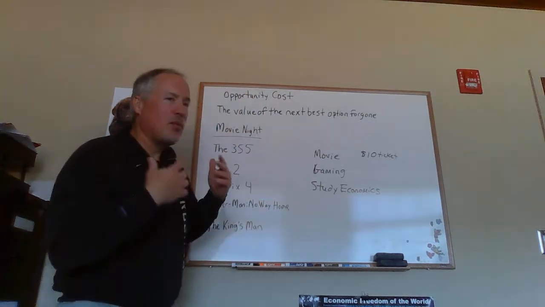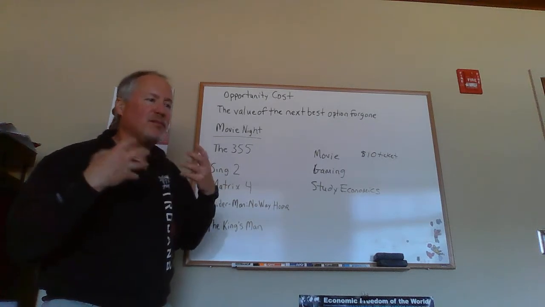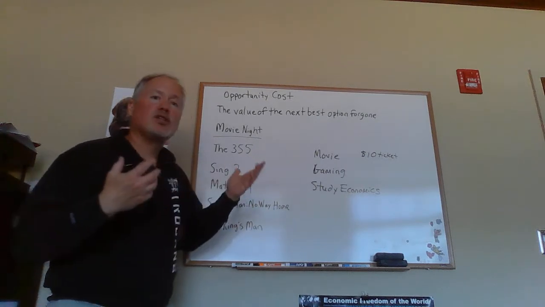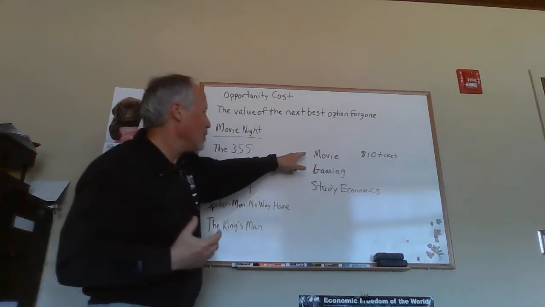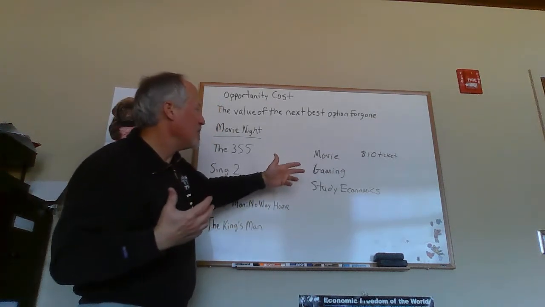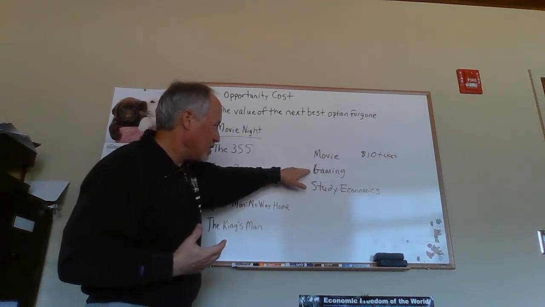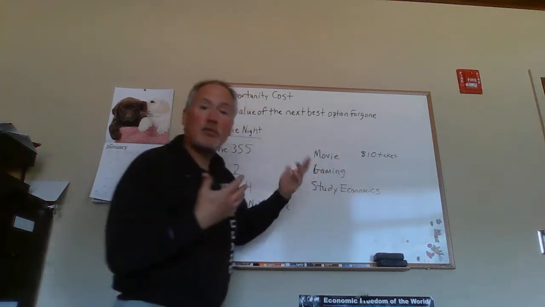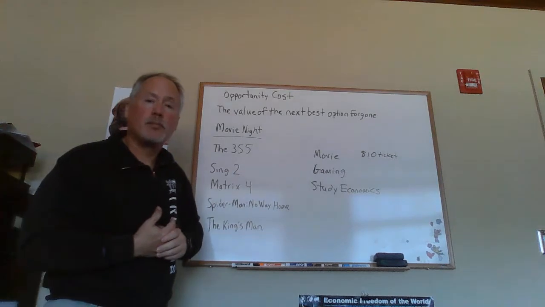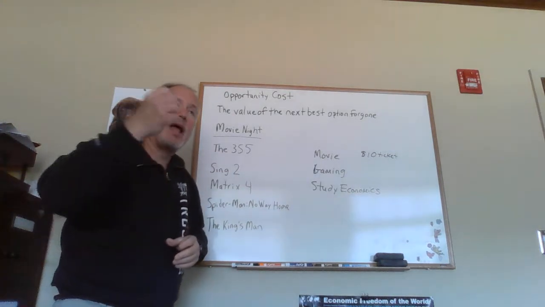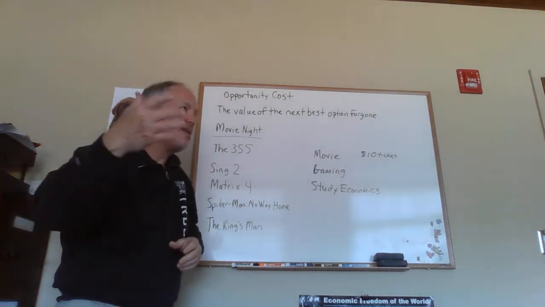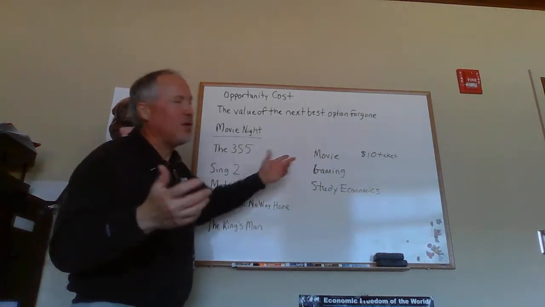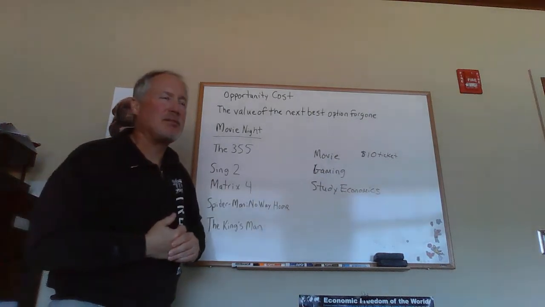So when we want to think about the full opportunity cost of going to the movie, well, you gave up the next best alternative. So it's the value of the time you would have spent gaming, plus, now we've got to add in the monetary cost. So you gave up $10 and the value of gaming, because that $10, maybe you could have gotten a pizza while you're playing some games.